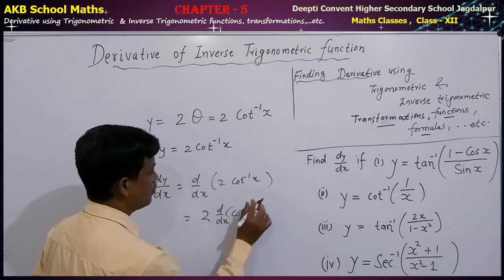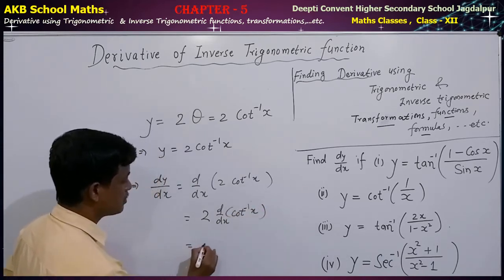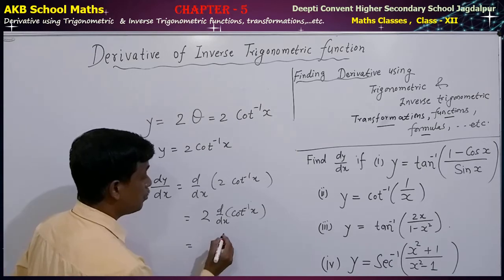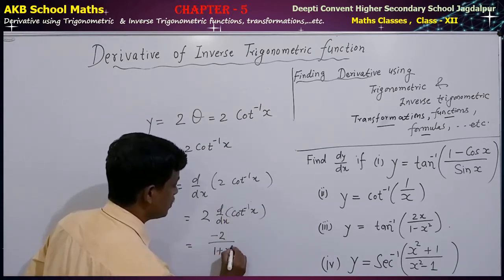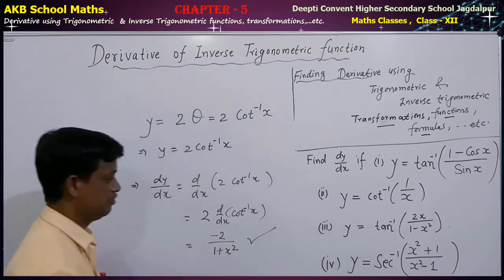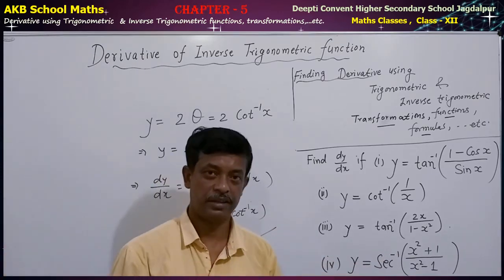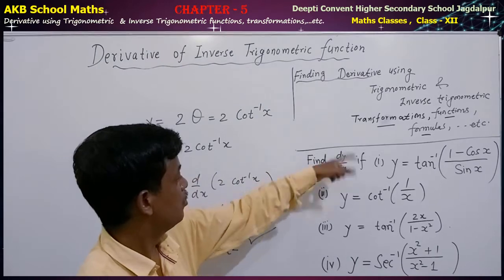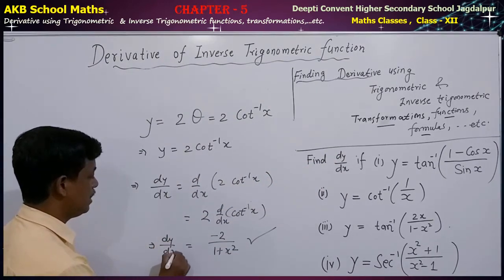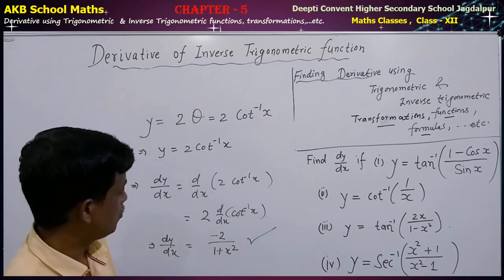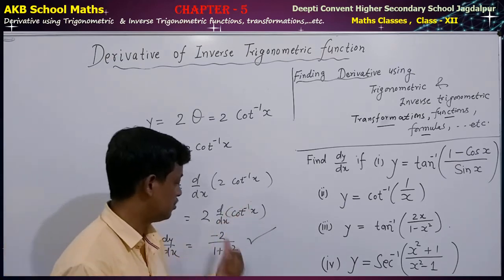You know the derivative of cot inverse x, use the formula: minus 1 upon 1 plus x square. So minus 2 upon 1 plus x square. This is the derivative of y, that is the value of dy by dx.